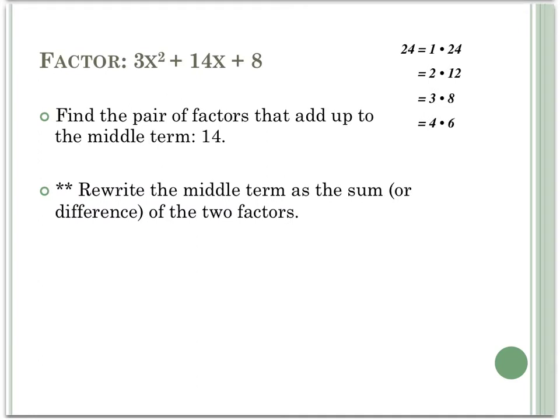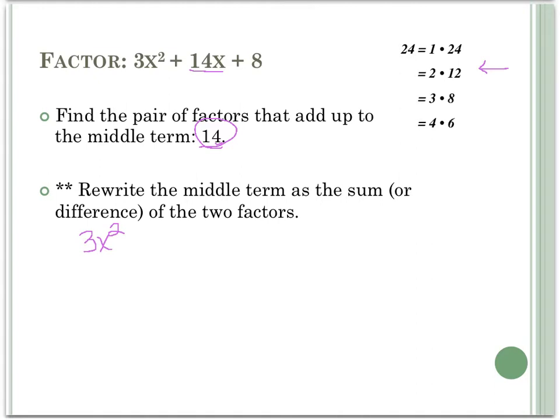With those pairs of numbers we just found, we are now looking for which pair of factors adds up to that middle term of 14x. And we see that 2 and 12 would add up to 14x. So now we want to rewrite our trinomial, 3x squared, using that middle term as the sum of the two factors.